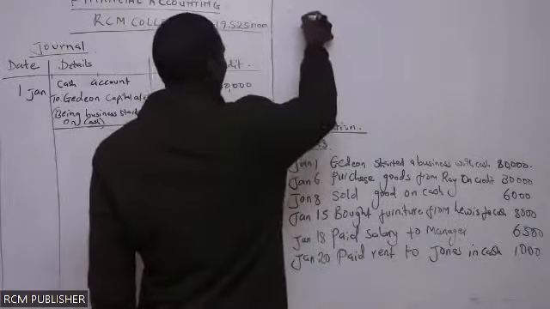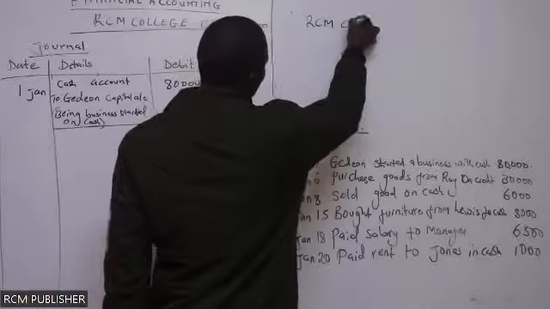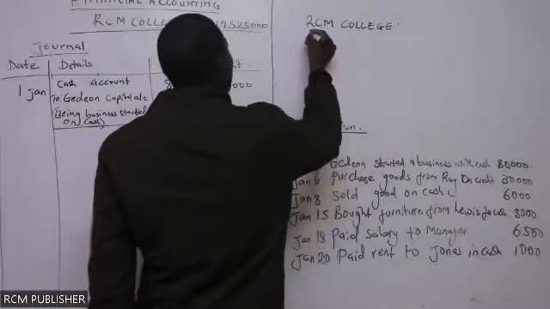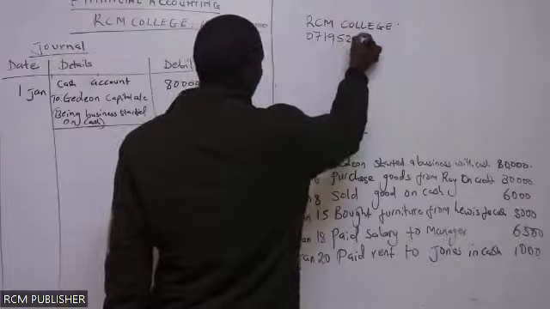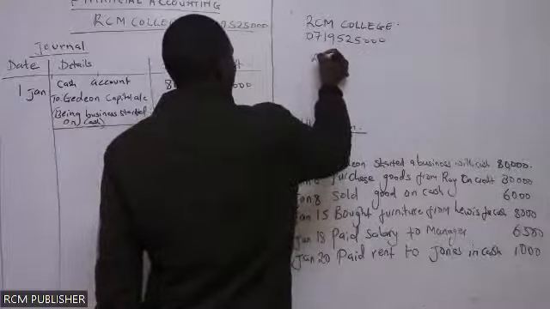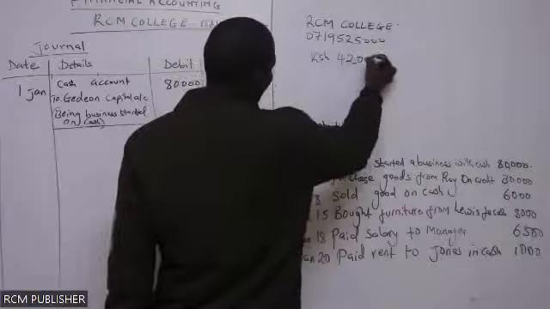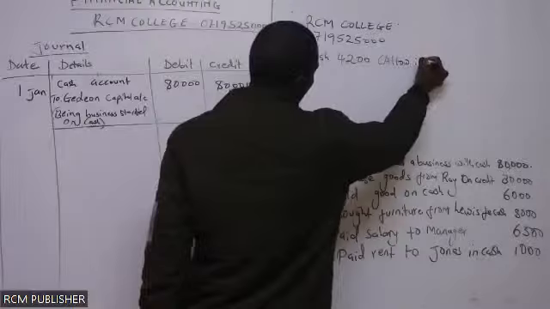This is RCM College. Our number is 0719 525,000. Then we charge Kenya shillings 4,200, and we allow two equal installments.